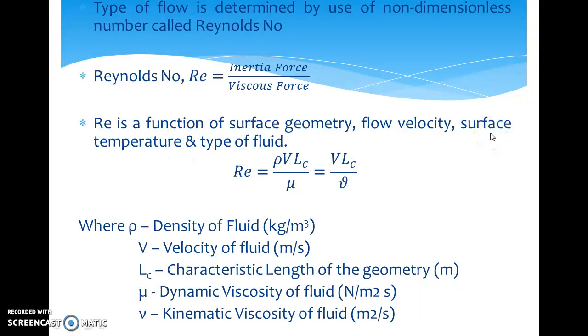Similarly, the viscosity of the fluid also varies with temperature. As viscosity increases, the viscous force will increase. As viscosity decreases, the viscous force will decrease. So this viscosity is a function of temperature, so we say that Reynolds number is also a function of surface temperature.